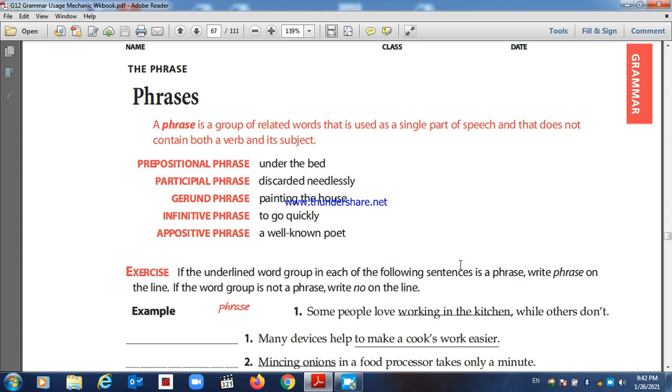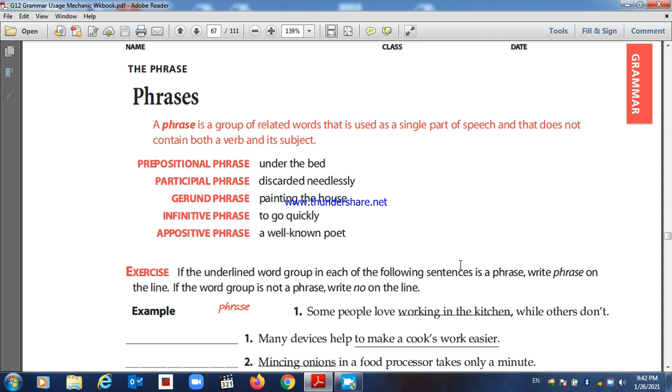Like discarded needlessly. Gerund phrase, painting the house. You can replace the gerund by a noun. Painting the house. So here, painting, I can replace it by a noun, so it's a gerund. It's not a participial. The participial is part of the verb, but the gerund can be replaced by a noun.